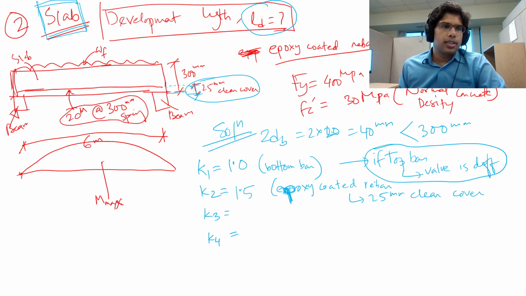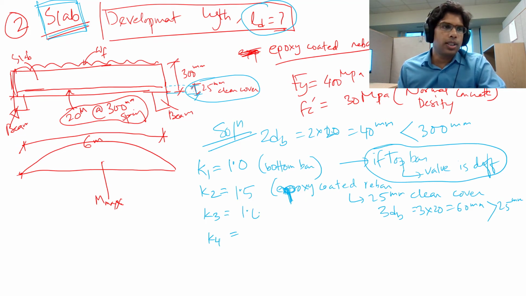And we also can calculate 3 diameter, 3 multiplied by 20, which is 60mm, which is more than the 25mm clear cover. So because of that, we're using K2 equals to 1.5.